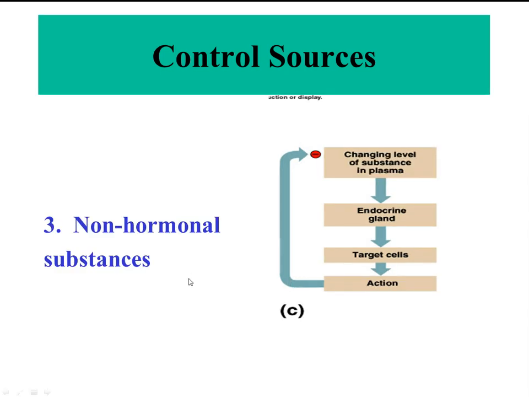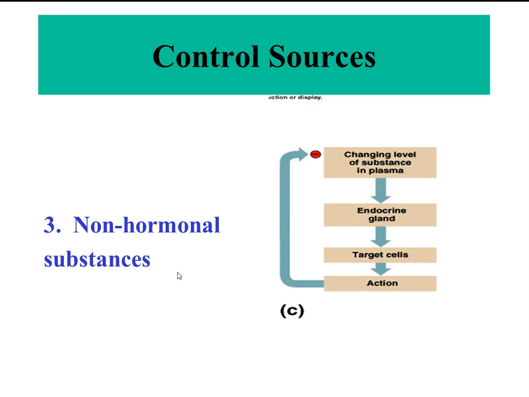You have non-hormonal substances, and again, like I mentioned just a minute ago, it could be ions in the blood, such as the amount of sodium, potassium, which is highly regulated. You need sodium and you need potassium for things to happen. You need the correct calcium levels for muscle contraction and nerve impulse. For neurotransmitters to be released, you need calcium.